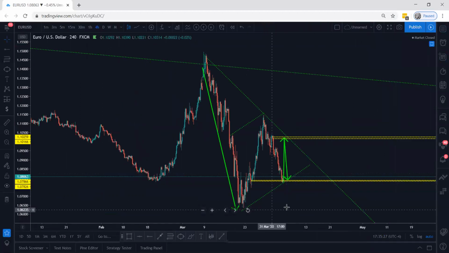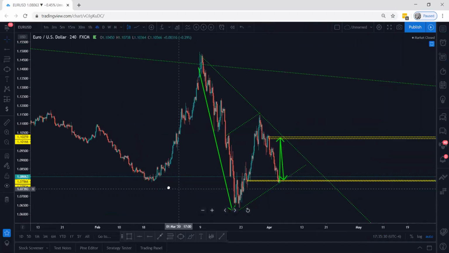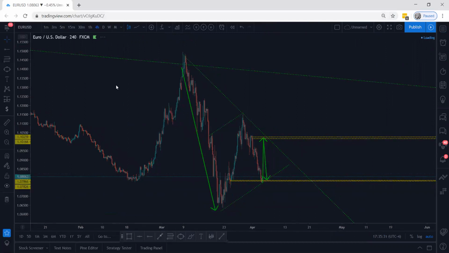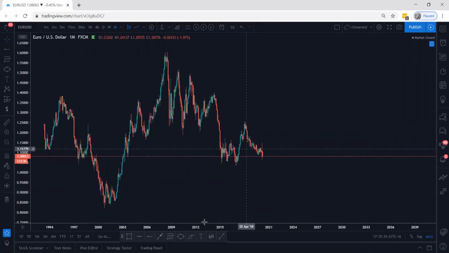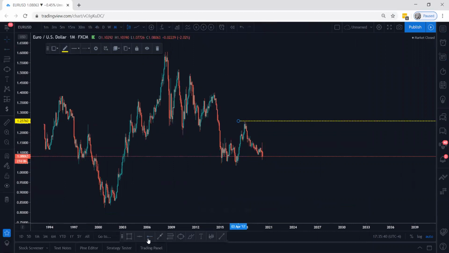Now I marked this one up yesterday, teaching. I'm going to clear it out so you guys can see how I got there. So again, on the monthly, we're looking for our highs and our lows.